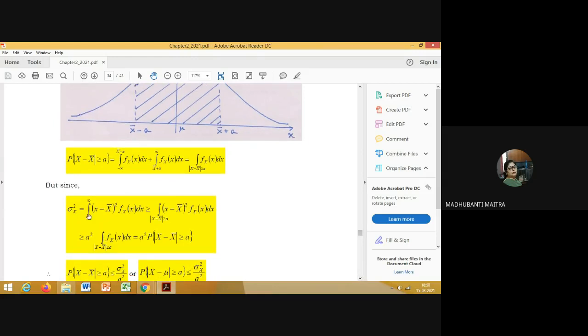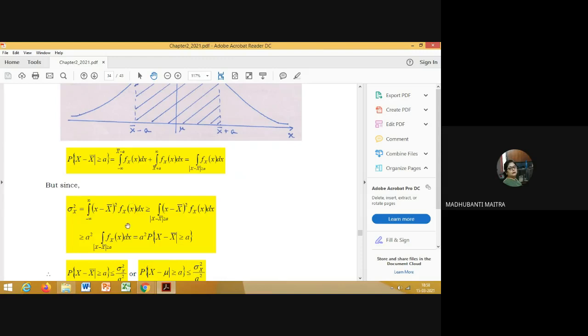Now, we know that by definition sigma x square is equal to the integral from minus infinity to plus infinity of x minus x bar whole square fx dx. We have just seen this definition, right? Yes, ma'am.